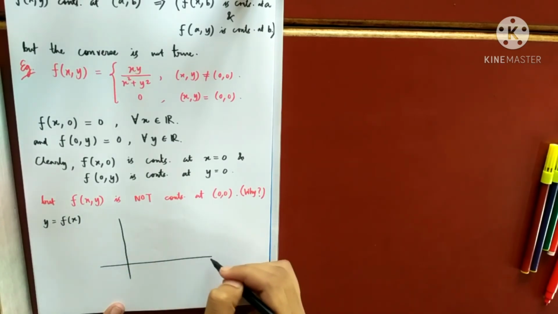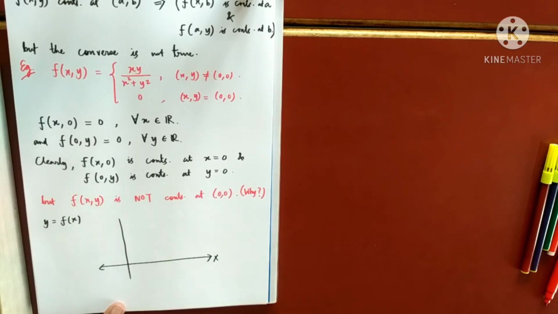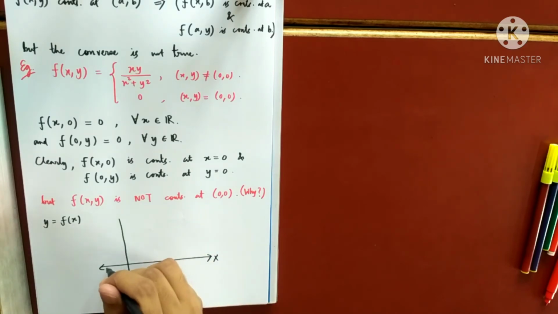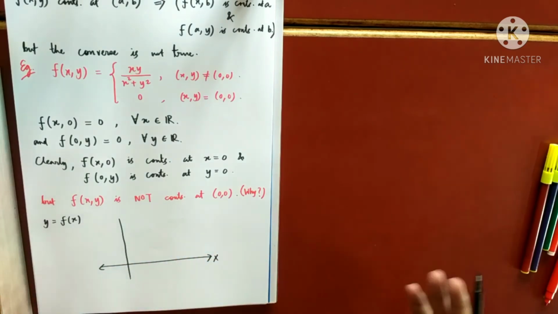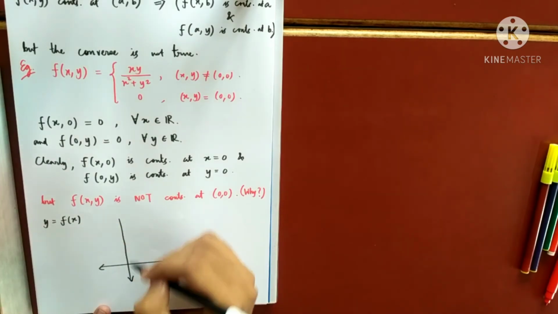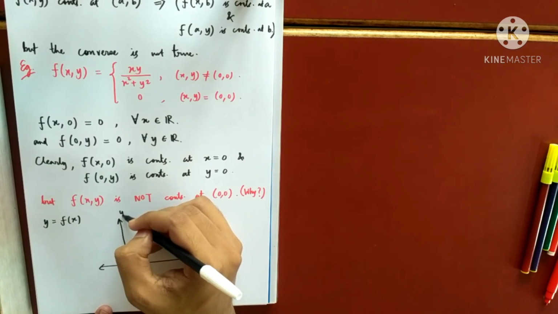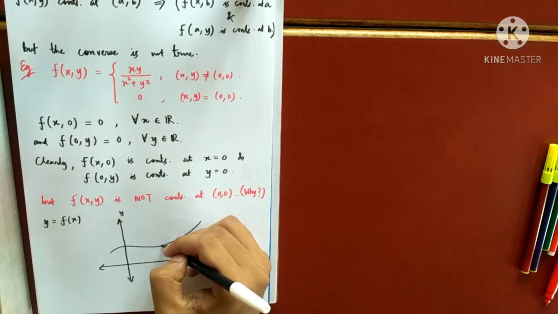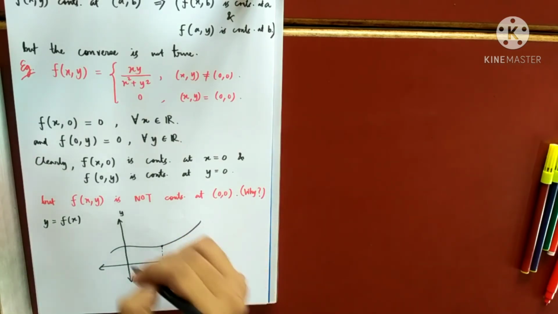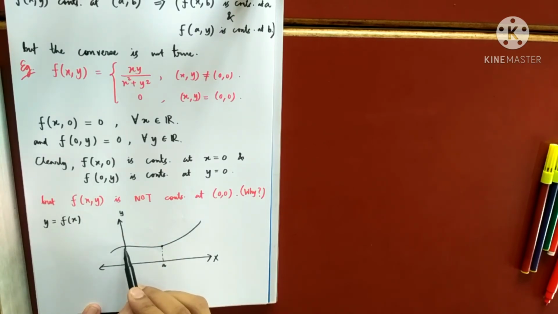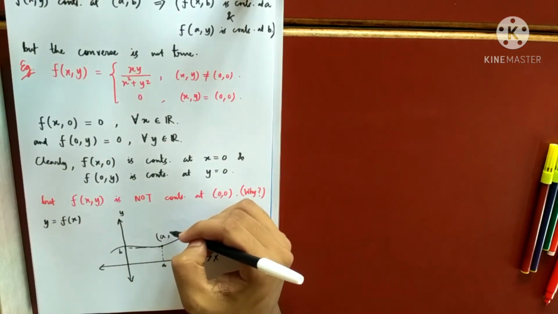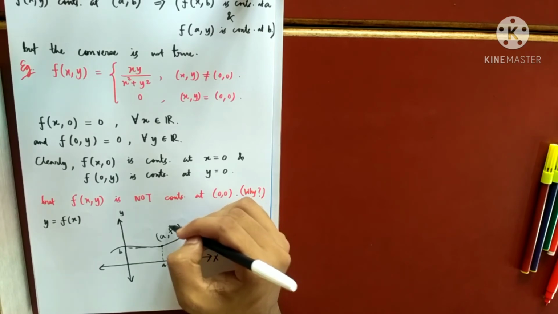We draw two axes. Here I will take the values of x, that means the domain of the function. The domain lies somewhere on the x-axis. It may not be the whole x-axis, but it's a subset of the x-axis. And the images will be plotted here. For example, suppose this point is a, and this height is b. That means this is a comma the functional value at a, which comes out to be b.